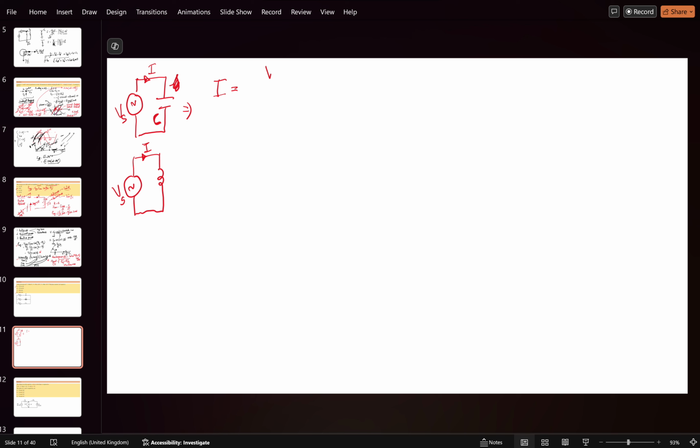Current will be equal to Vs divided by minus JXC. This is the notation of impedance, because Z is equal to R plus JXL minus JXC.